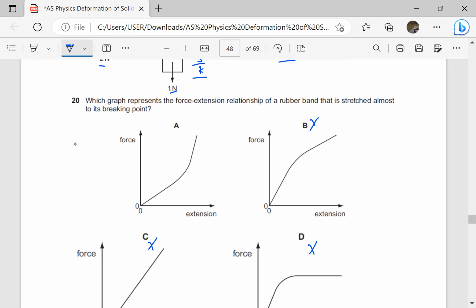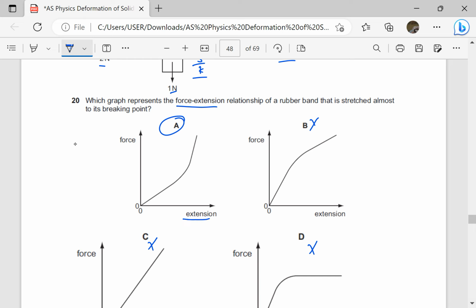Then here is showing that initially the force is directly proportional to extension, then there is a change in extension when there is a smaller change in force. But the answer is going to be A because, which graph represents the force extension relationship of a rubber band that is stretched almost to its breaking point?